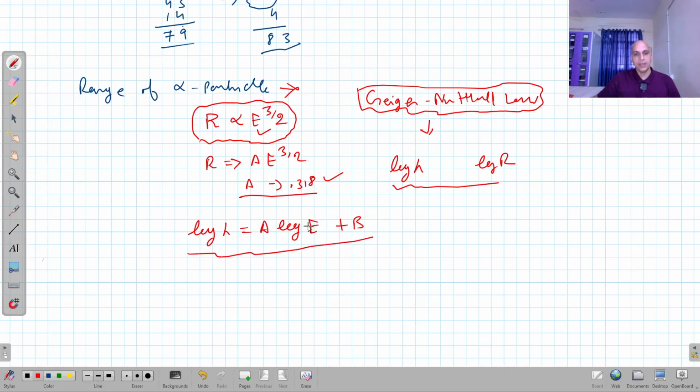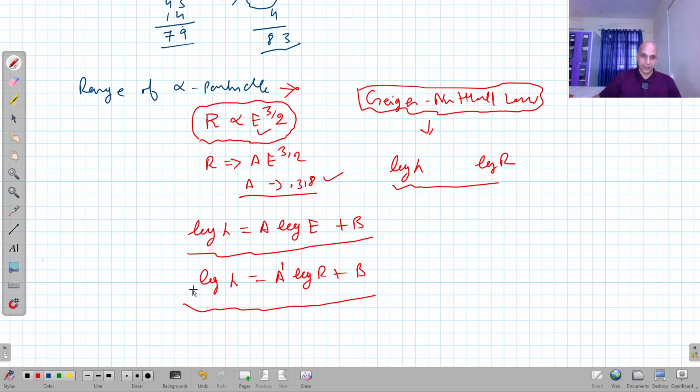This is the relation. In terms of energy, we know energy and range are linked, so it can be written as log of lambda is equal to A log of range plus B, because if I take it there, it will become E is equal to R power minus 3 by 2. So if I put it here, 3 by 2 will come here, let it be A dash. So again the same thing.